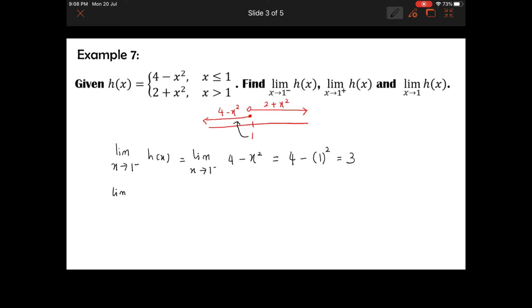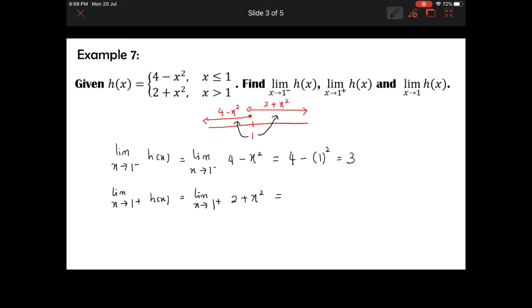Next, we have to find the limit as x approaches 1 from the right of h(x). In this case, for the limit as x approaches 1 from the right, the function would be 2 plus x squared.